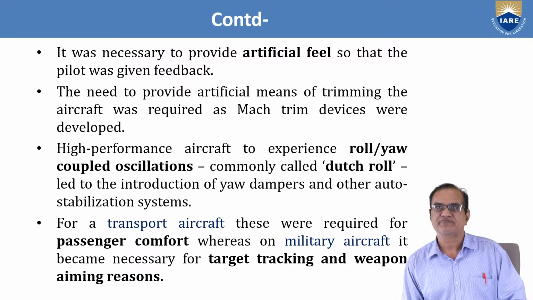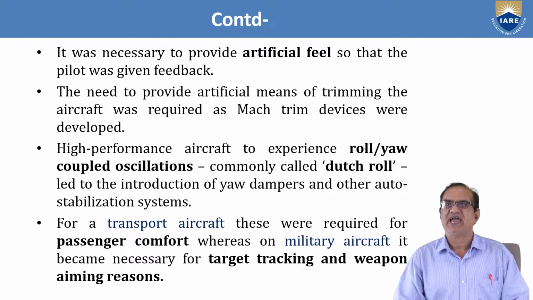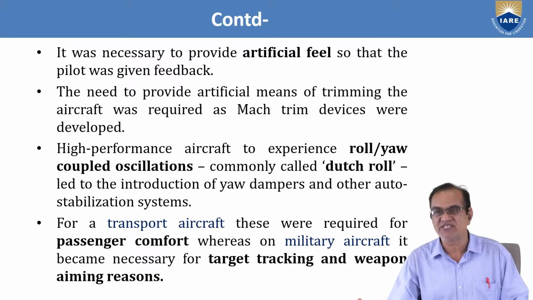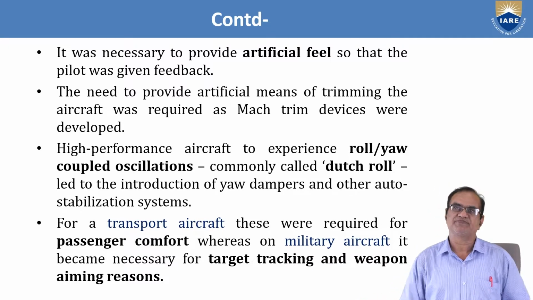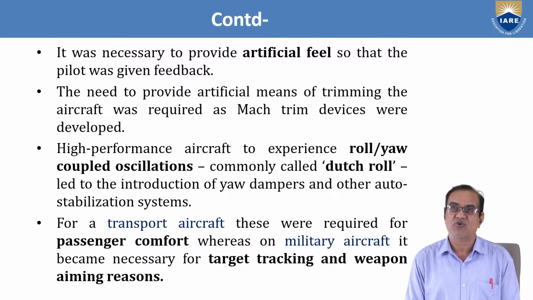The need to provide artificial means of trimming the aircraft was required, as mach trim devices were developed. So the mach trim devices for the high speed aircraft was developed. High performance aircraft experience roll, yaw coupled oscillation, commonly called Dutch roll.